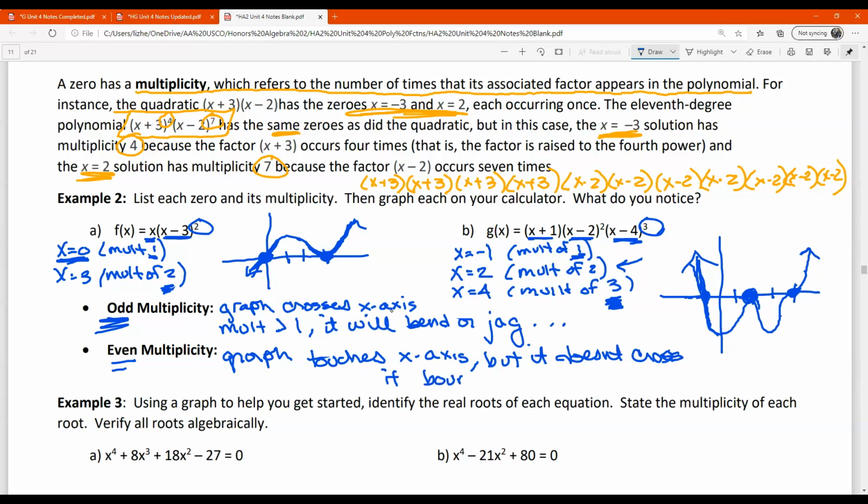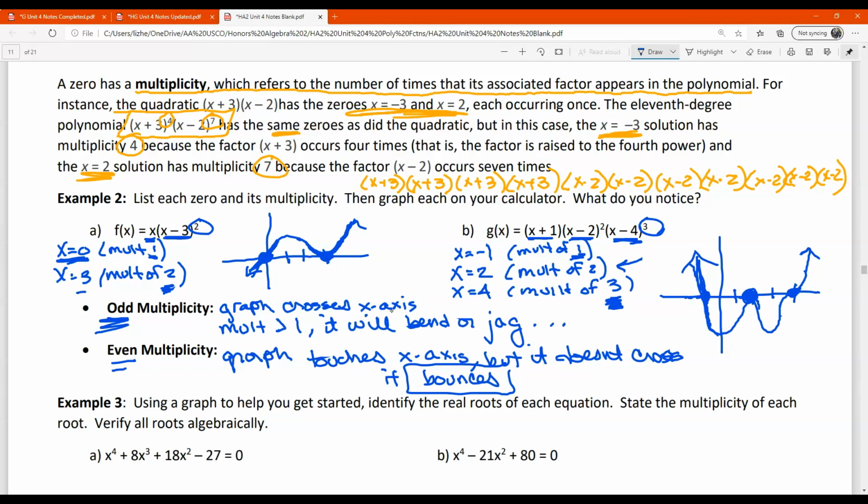It bounces. So an even multiplicity will bounce, an odd multiplicity will cross. And if it's an odd multiplicity greater than 1, it will cross with a bit of a jag in it.